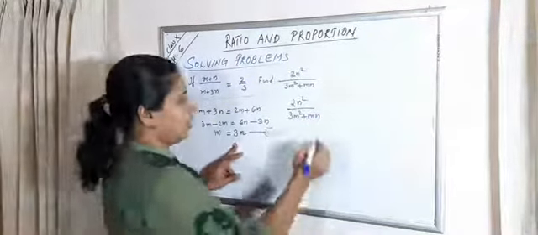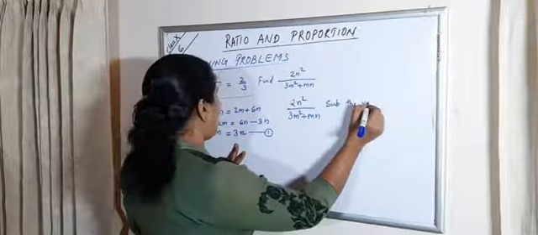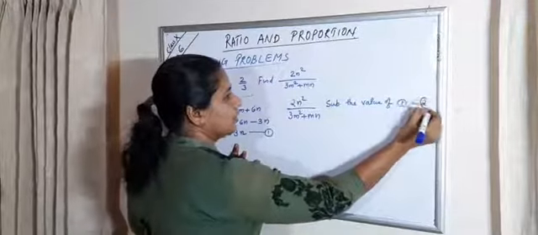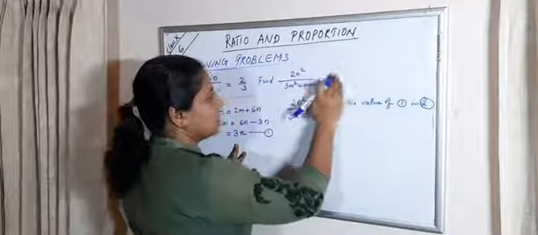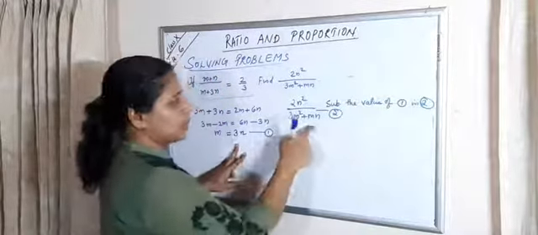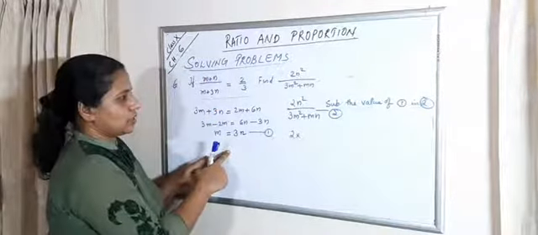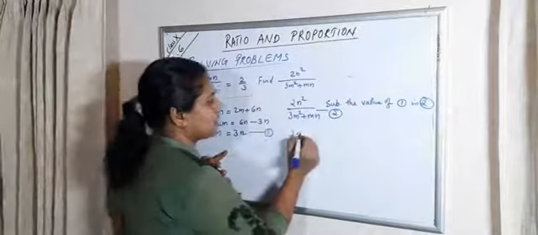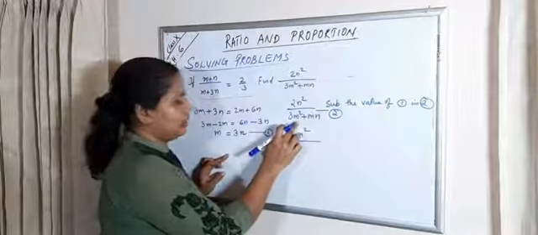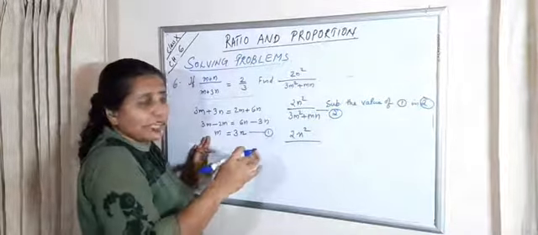So substituting the value of 1 in 2, we get 2 into n square divided by, making the value of m in terms of the same variable.